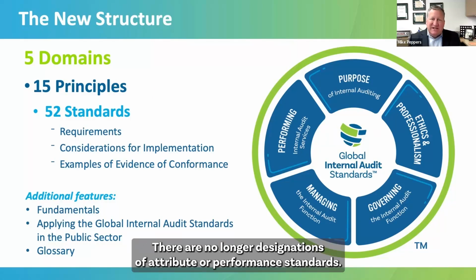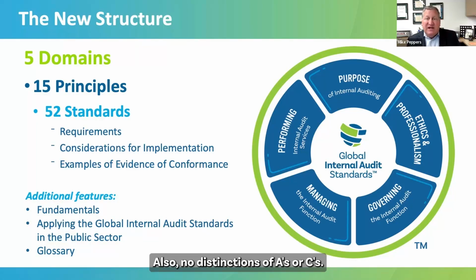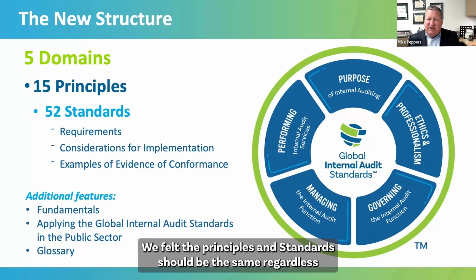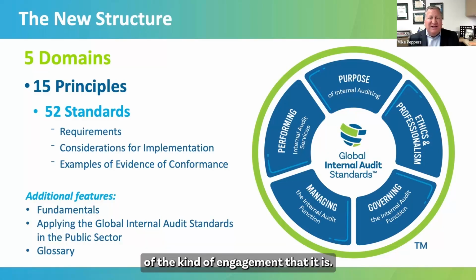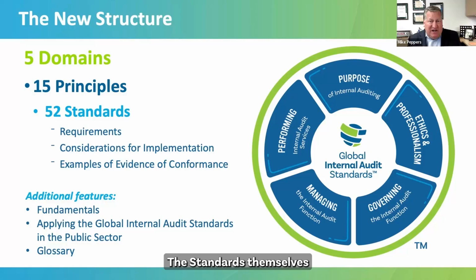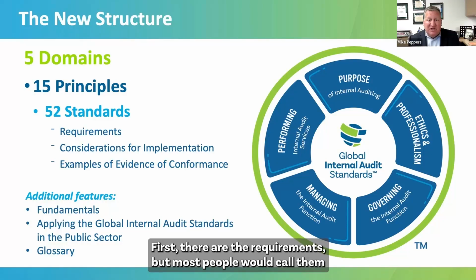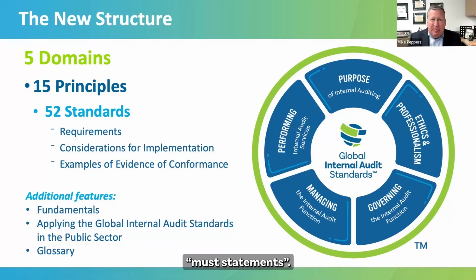There are no longer designations of attribute or performance standards. Also, no distinctions of A's or C's, assurance or consulting. We felt the principles and standards should be the same regardless of the kind of engagement that it is. The standards themselves have 3 elements. First, there are the requirements, what most people would call the must statements, but we added 2 new elements.